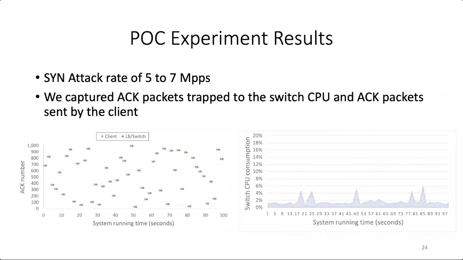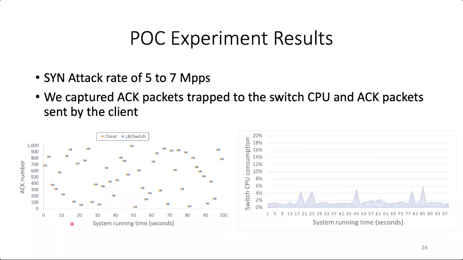In the first experiment, we made the attacker generate a SYN attack rate of 5 to 7 megapackets per second. To verify that everything is working well, we captured ACK packets learned by the switch CPU and ACK3 packets sent by the client. In the first graph, we see the captured ACK numbers throughout the system running time.